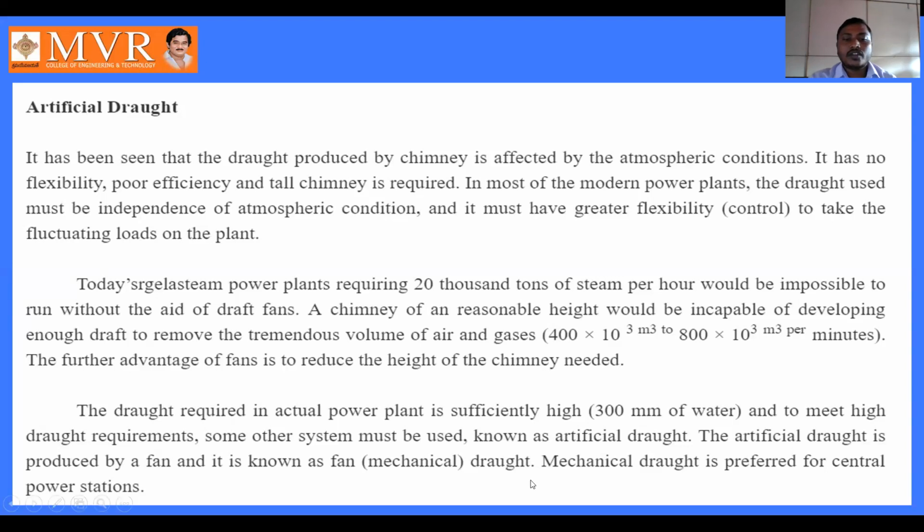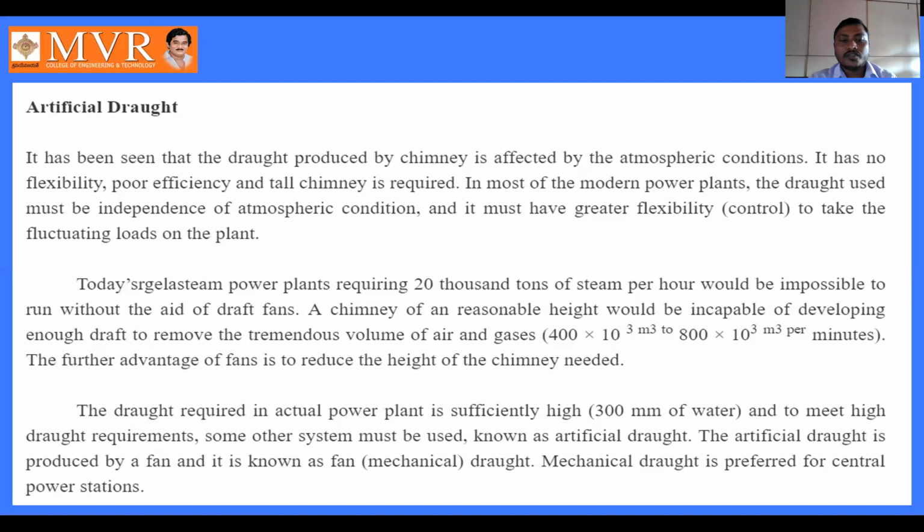The draft required in an actual power plant is sufficiently high, and to meet high draft requirements some other system must be used. The draft we develop in the chimney is for natural draft, and at other times we use artificial draft.